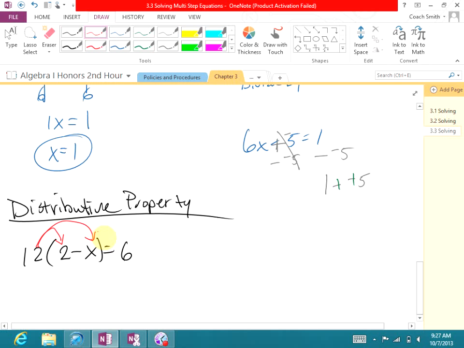It does not go across the equal sign. It only does the things that are inside the parentheses. Okay?